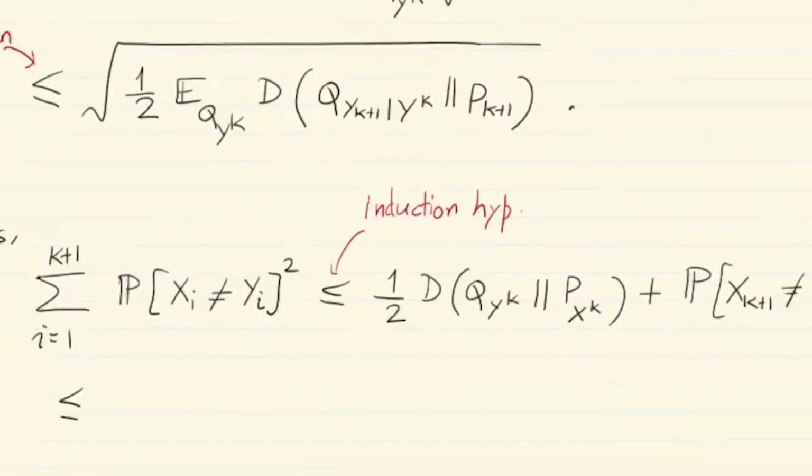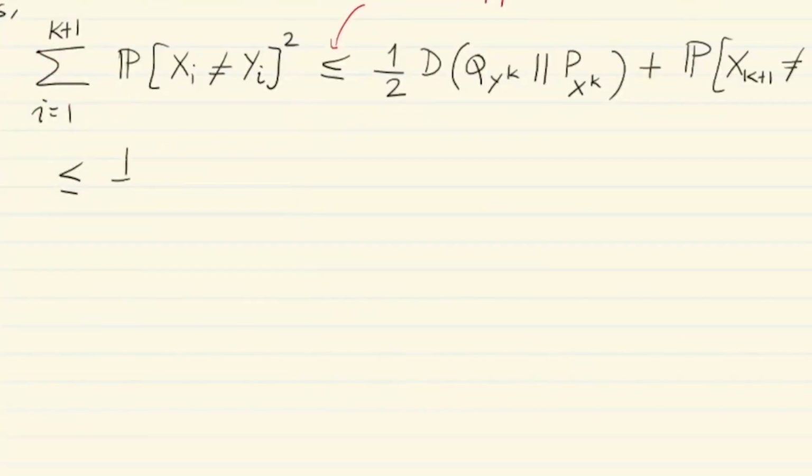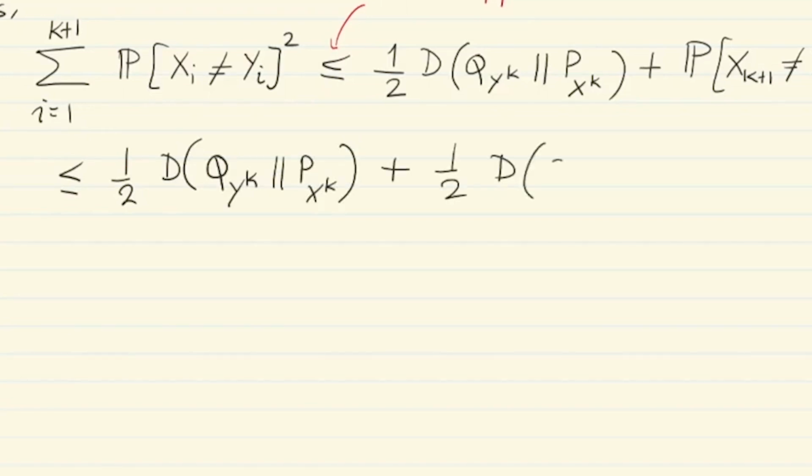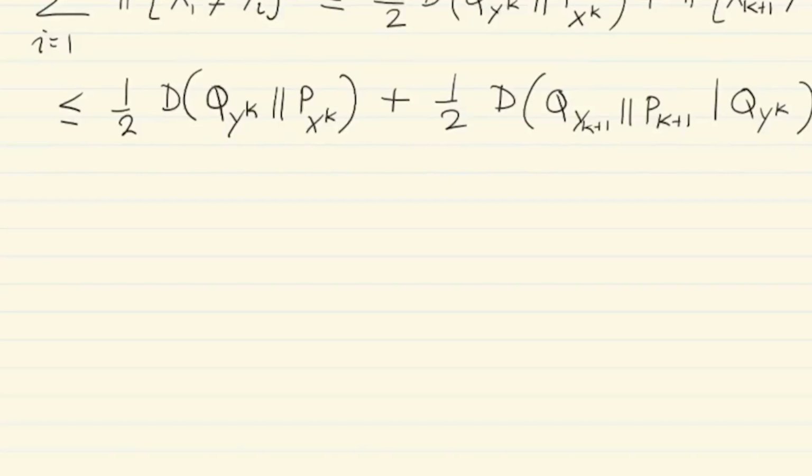Which we just bounded above as half the KL divergence between q yk plus 1 with respect to p k plus 1 conditioned on q yk. It's the expected KL divergence which we've just written under this notation. So it's the conditional KL divergence of q yk plus 1 given the entire past of y with respect to p k plus 1 and then averaged out across the past q yk.